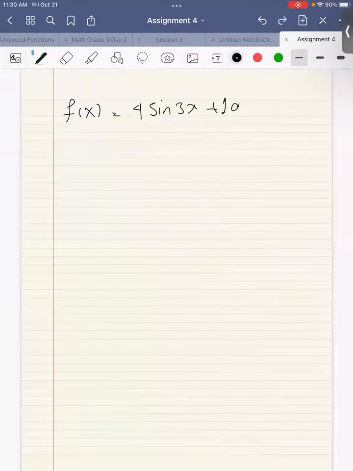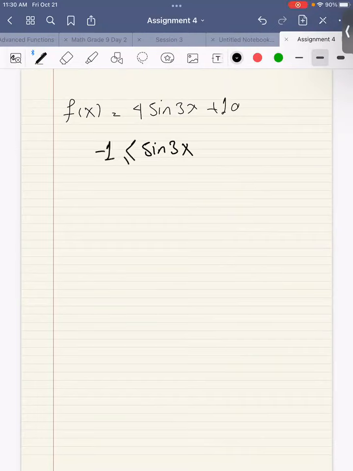First of all, we know that sine of 3x, no matter what, it could be 3x, x, 2x, it doesn't matter, is always between -1 and 1, right? That's the range of sine. So 4 times sine of 3x lies between -4 and 4.